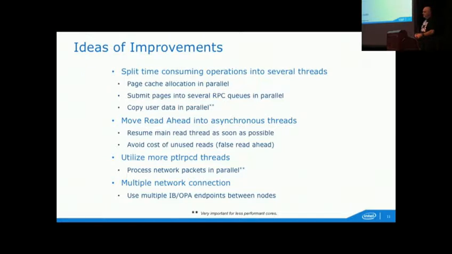And the latest improvement, which was already implemented, is to try to use multiple network connections and balance the traffic between them. This is especially important for OmniPath Fabric, which also intensively uses the host CPU for packet processing, and one core cannot saturate the whole bandwidth of this card.